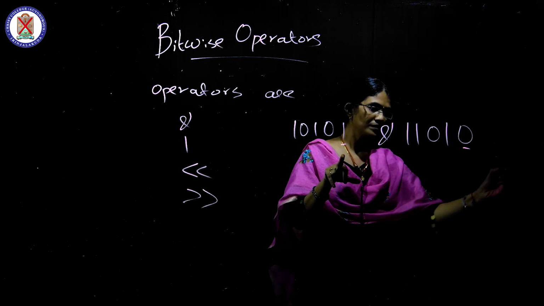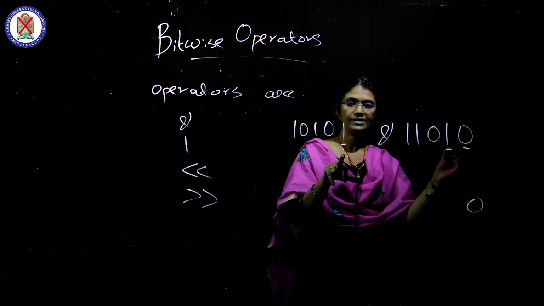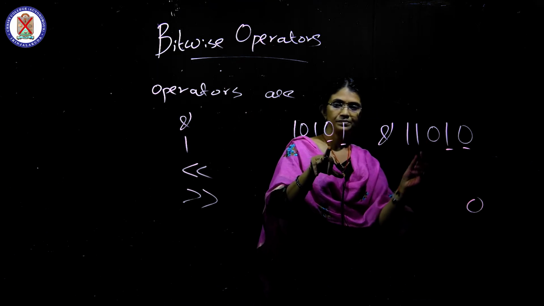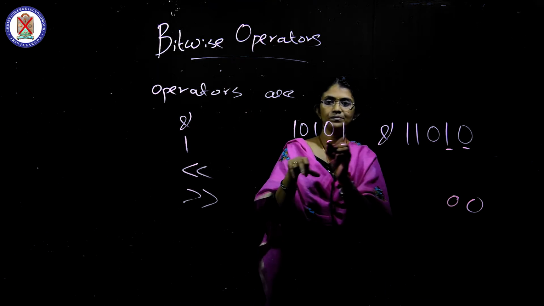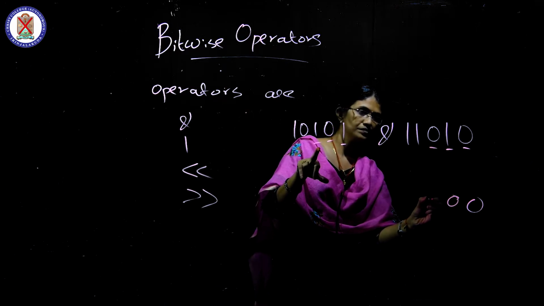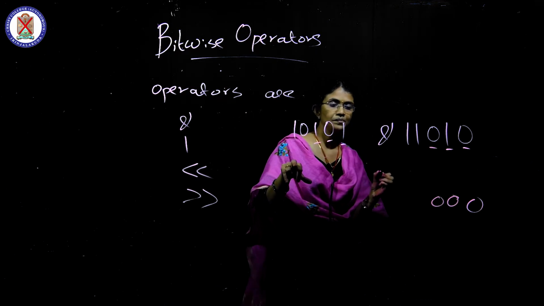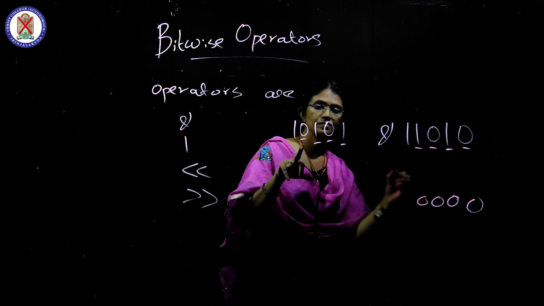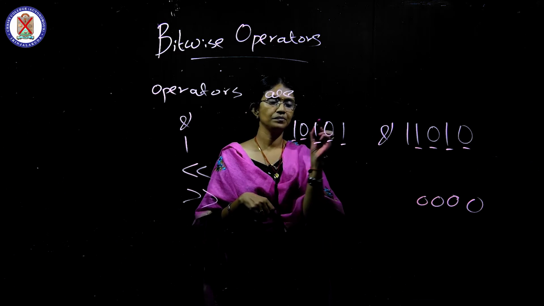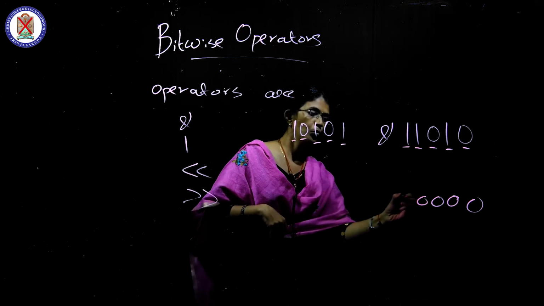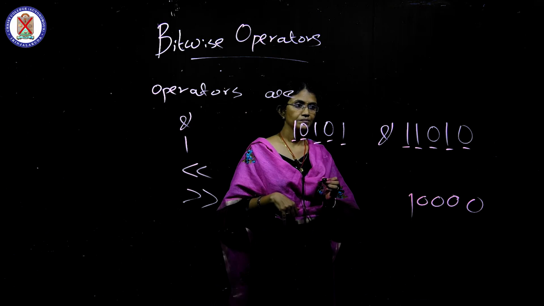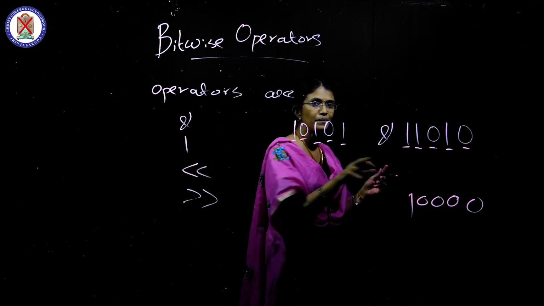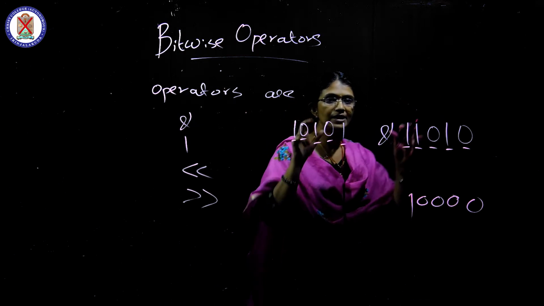Then it becomes 1 0 0 0. Okay, this is the result of the bitwise AND operation between these two values.